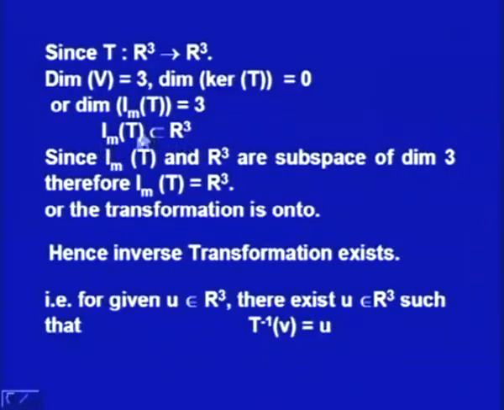Now, image T is a subset of R3 and that means image T is nothing but R3. Therefore, image T is the same as R3 and that means the transformation which is given to us is not only 1-1, it is onto and accordingly the inverse transformation exists. That is, for given U belonging to R3, there exists V belonging to R3 such that T inverse V is equal to U.